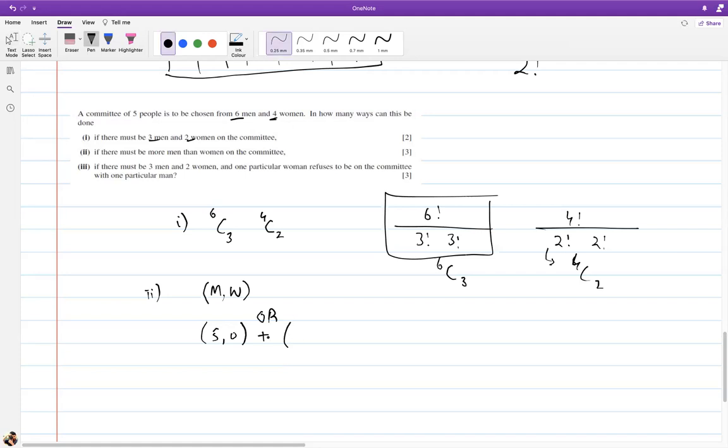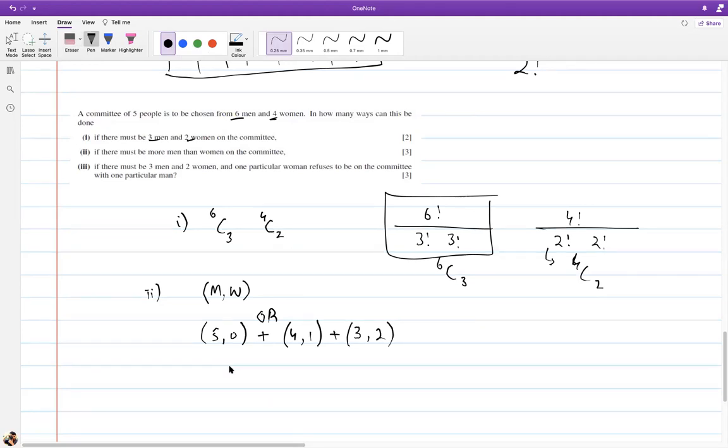Or I can have 4 men, 1 woman, or 3 men, 2 women, or 2 men, 3 women. Wait a minute, that I can't have, because I need more men on the committee than women. So these are my only possible options.